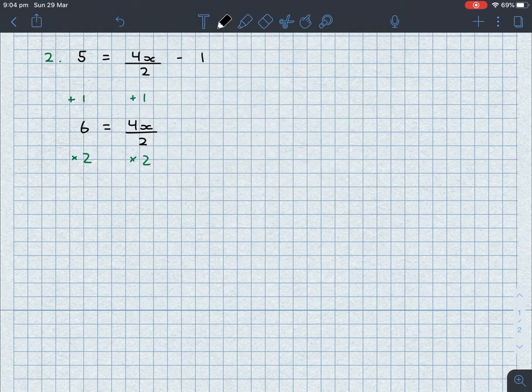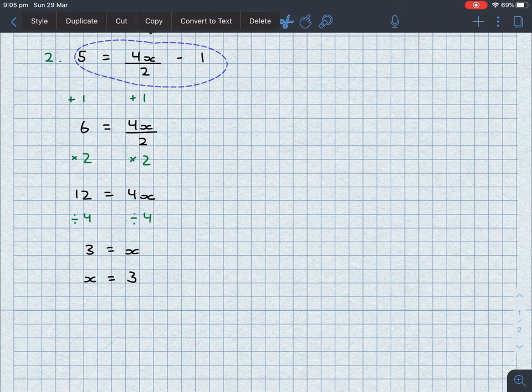I end up with 6 times 2 is 12 on the left equals 4x on the right. And then I know if it's 4 times x, I divide both sides by 4. And I end up with 3 equals x, and you might like to rewrite that as x equals 3. It's nice to have the x on the left, you don't have to.